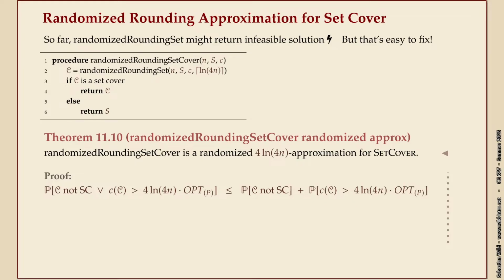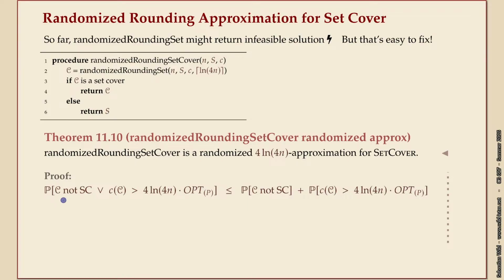We've basically done that, so you just have to prove that with probability 1/2, right? This was the definition. Randomized approximation means with probability 1/2, the approximation ratio is below this bound. And for that, we have to bound how often we return the entire set, because we cannot say much about its quality there.